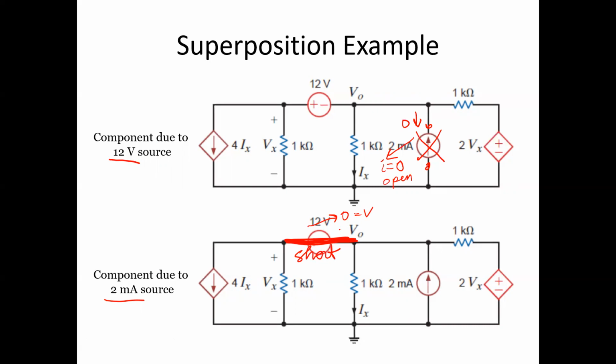And once we get these two subcircuits, we can calculate with whatever method we want. We can calculate, let's say if we want Vx, we can calculate Vx1 from here. We can calculate Vx2 from here, again, using any method. And then you take these and you sum them to find your overall Vx. Okay, so that's the main idea behind using superposition.